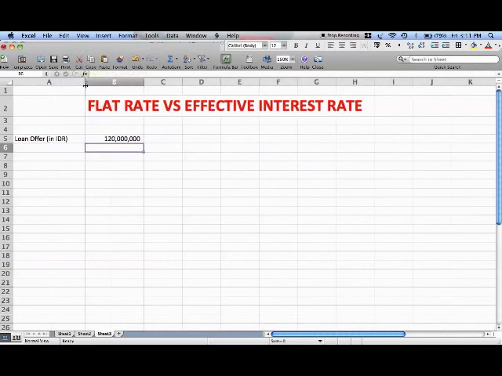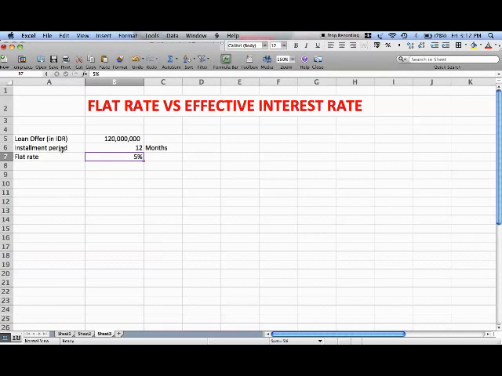The installment period is 12 months, so it is just a 1-year loan. And then the flat rate, for example, is 5%. So this 5% is quite low.